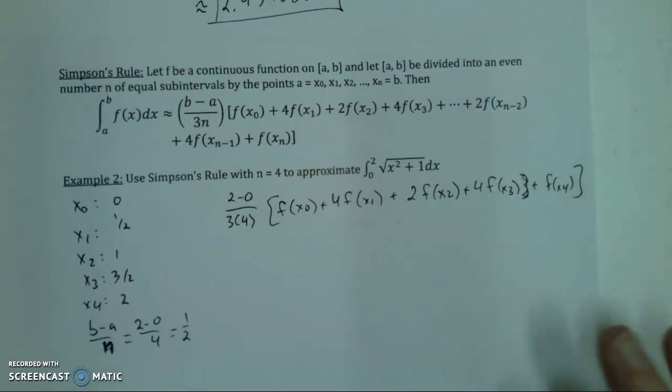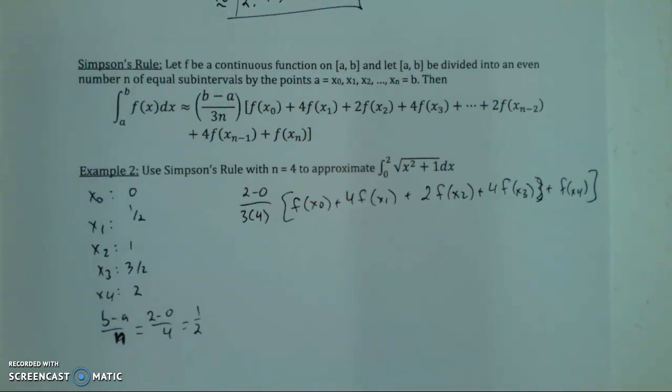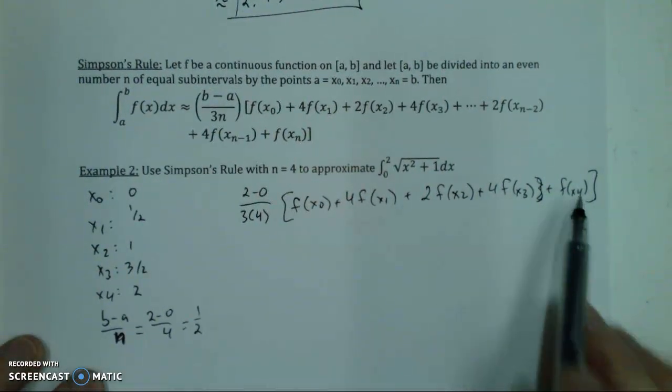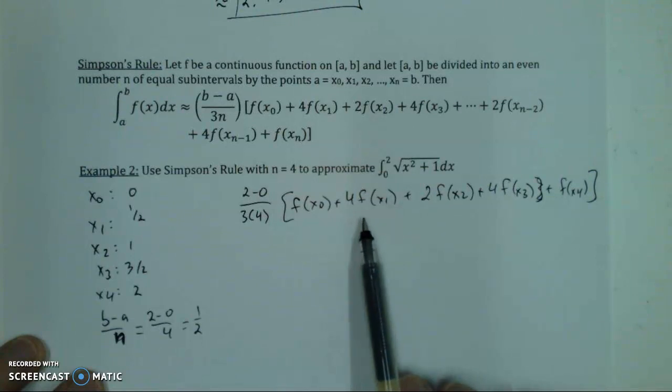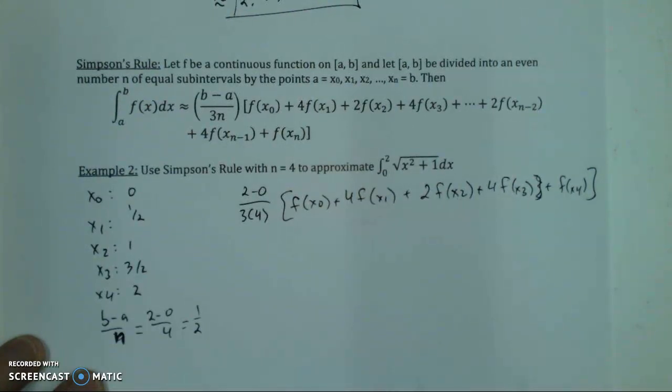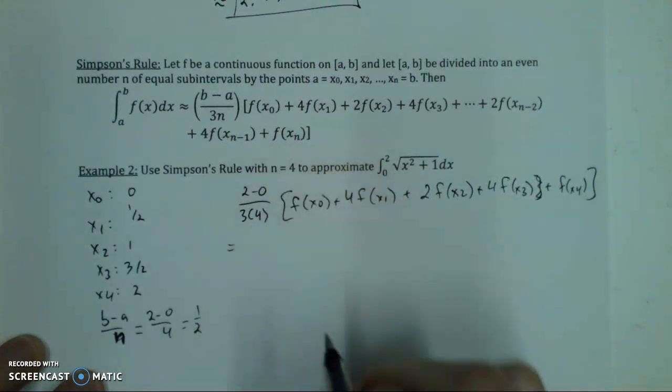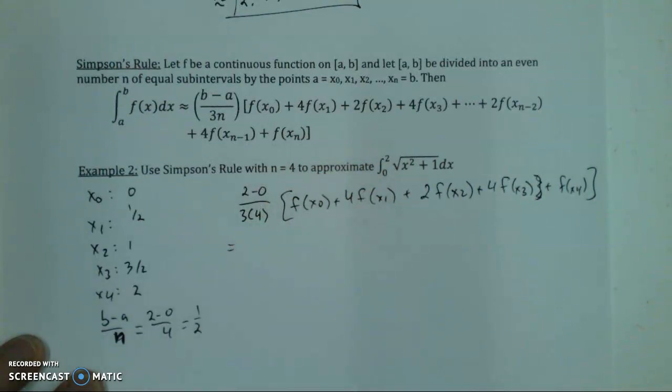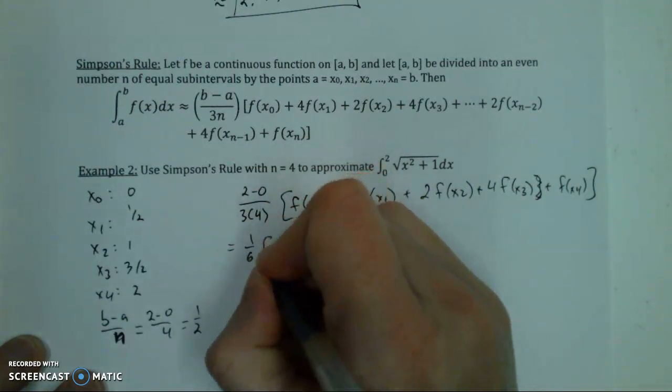I hit my bracket a little too early there. So again, the first and last have no coefficients, and then in the middle it goes 4, 2, 4, 2, 4, 2. So out in front I'm going to get 2 over 12, which is 1 over 6.